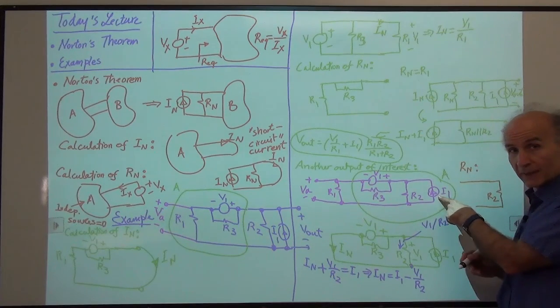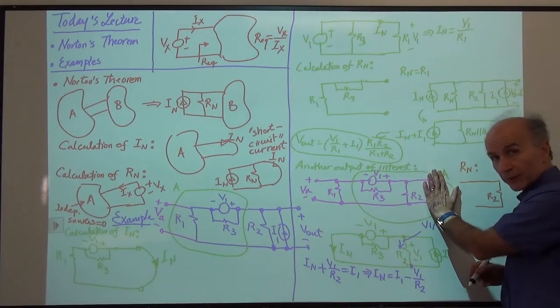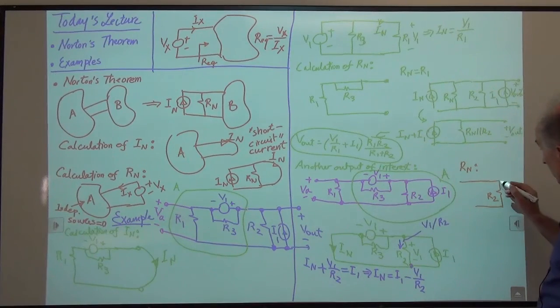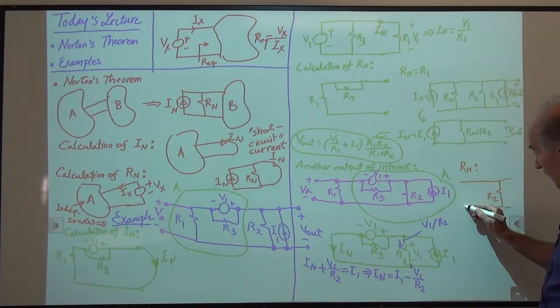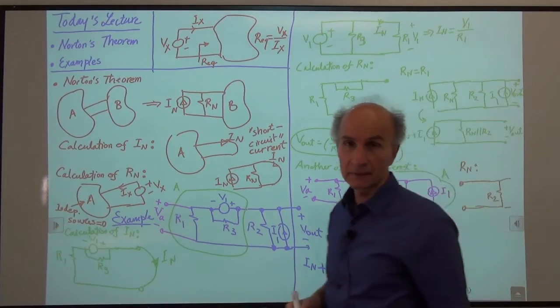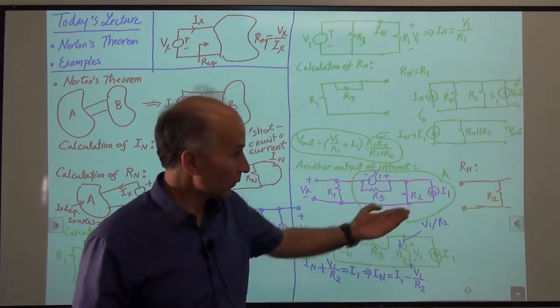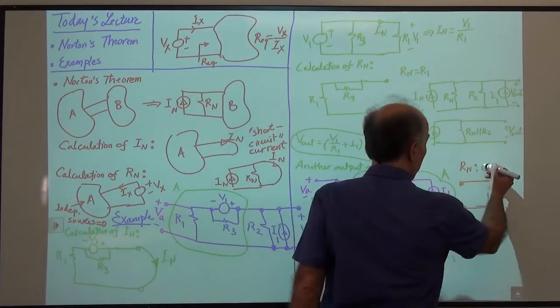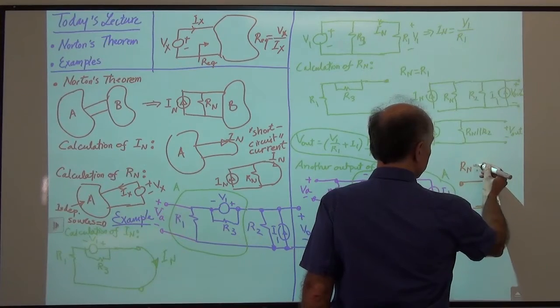I1 is a current source, is independent. When you set it to 0, it becomes an open circuit. So that's gone. And that's all we have. So we need to find the resistance between these two wires, right? How much is that? That's just R2, nothing else. So Rn happens to be equal to R2.